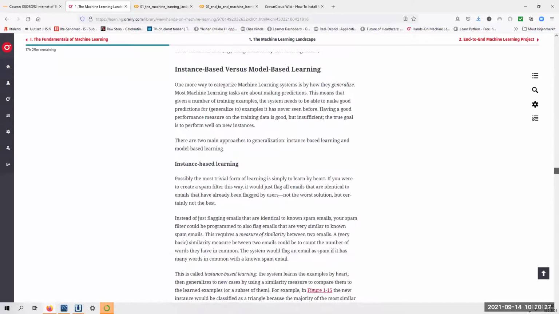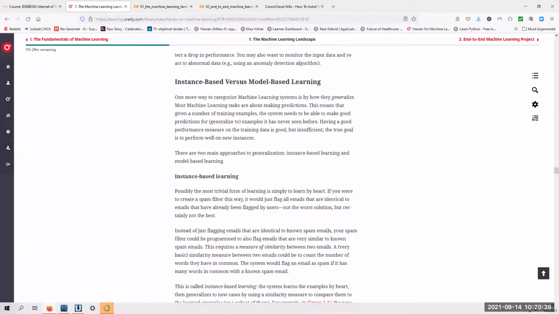We shall continue from instance-based and model-based learning. So one way to categorize machine learning systems is by how they generalize.